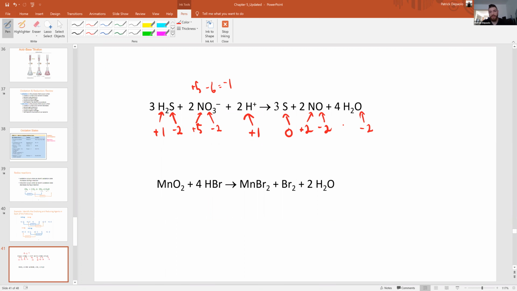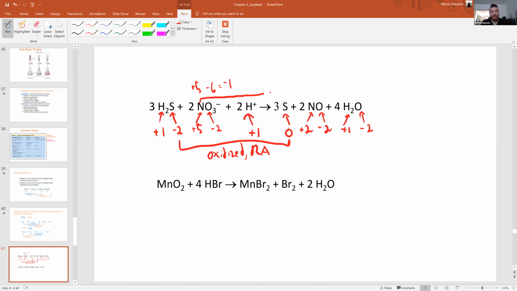Oxygen -2. Hydrogen +1. Okay, so sulfur went from -2 to 0. That means it was oxidized. It went up, and therefore it is the reducing agent. Nitrogen went from +5 to +2.